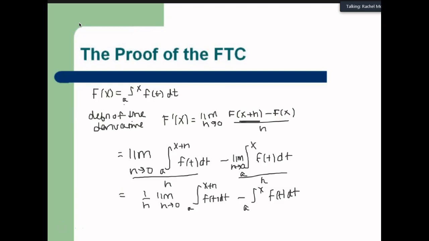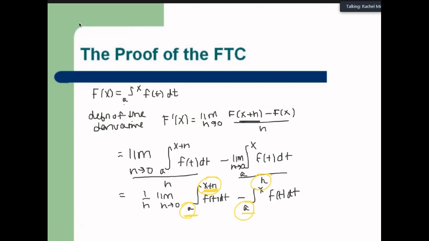Now, what do we know about the bounds of our limits and where they are? Can I have a limit going from x plus h to a? No. You have to match your bounds. So I need x plus h to be down and a to be up.